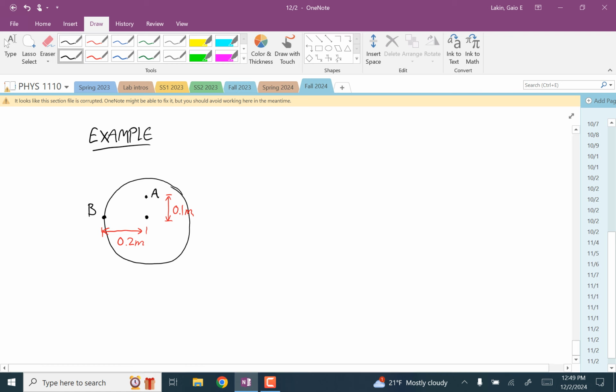And let's say that alpha is equal to negative 20 radians per second squared. And we want to calculate the tangential acceleration vector at the points A and B.